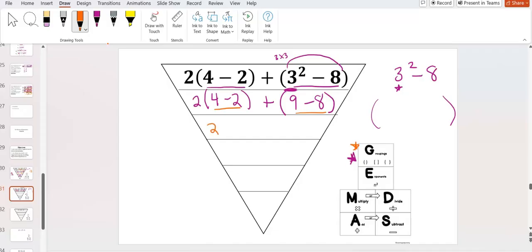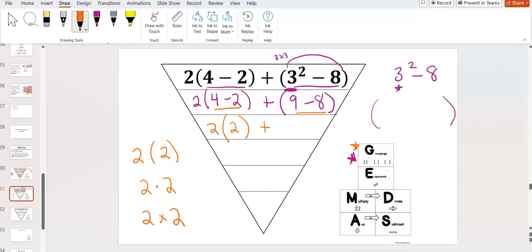So I'm going to go ahead and bring down the 2. I'm going to now do 4 take away 2, which is 2, keeping those parentheses there because in this case, when you have a number outside of a parenthesis like that, that is the same thing as multiplication.